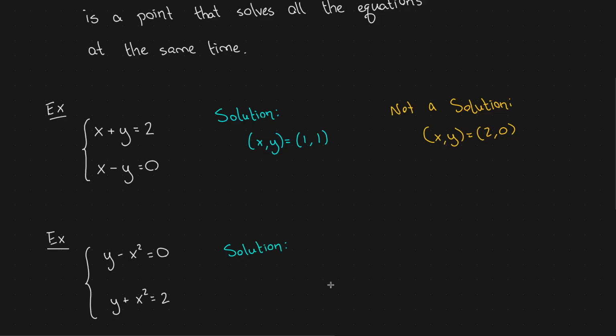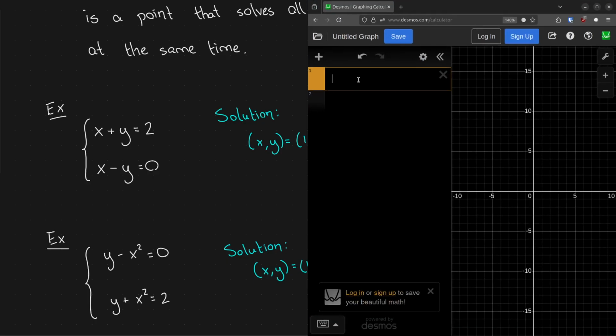Well, actually, the same solution that we had last time works here. So that's still a solution to the system of equations. But if we graph this, we'll see the situation's a little bit more complicated. So let me pull the graph over here again.